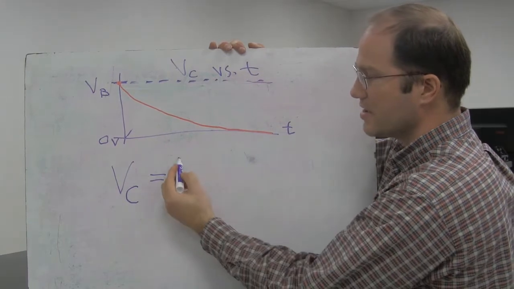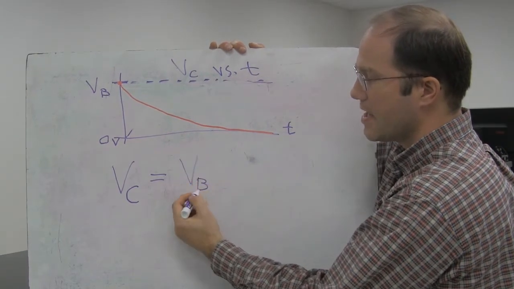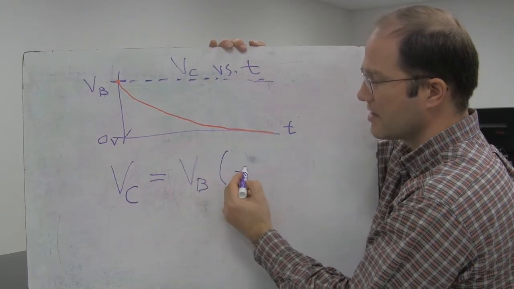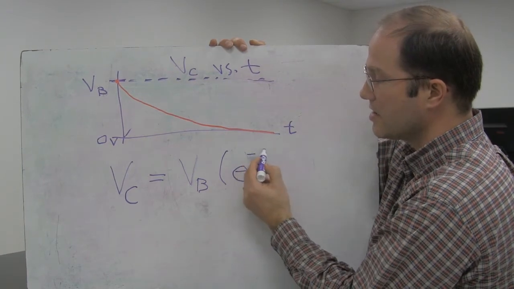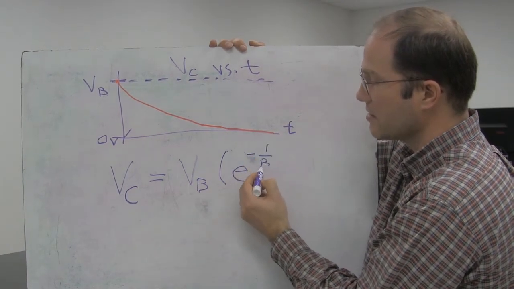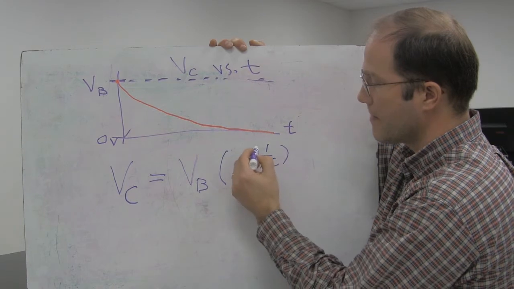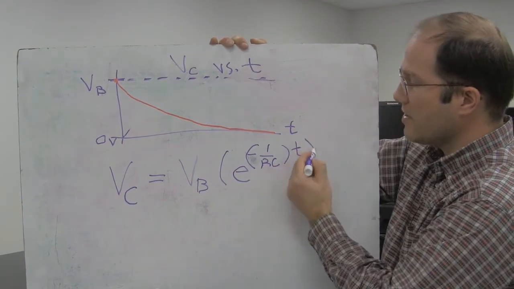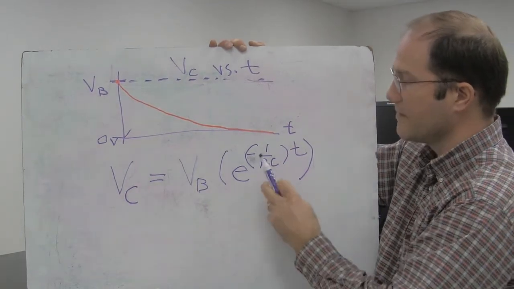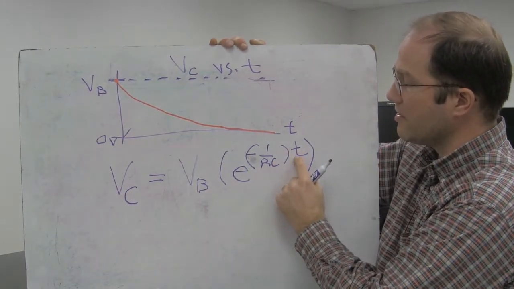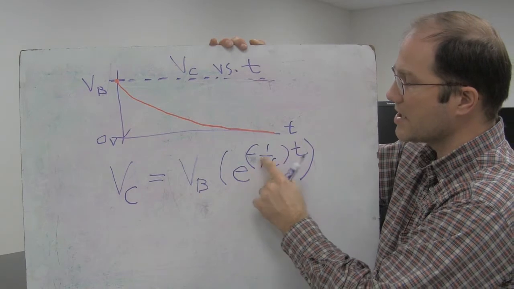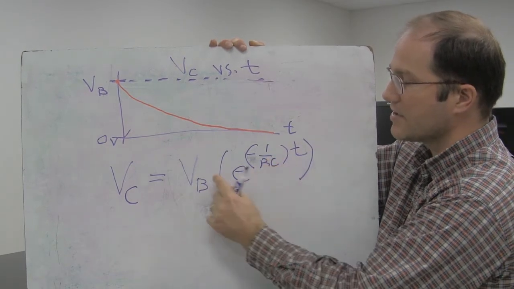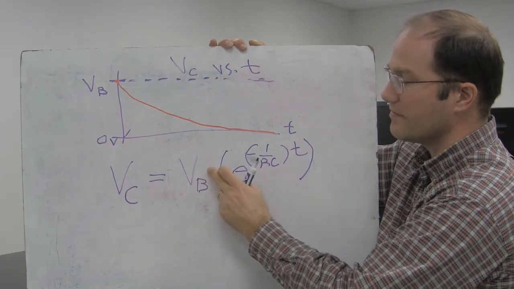And so the voltage across our capacitor is modeled like this. Again, it's some percentage of the battery voltage, but this time the 1 minus is just e to the negative 1 over RC times time. And so as we model that, you can see that when time is equal to 0, e to the 0 power is 1, and so VB times 1 is equal to VB.